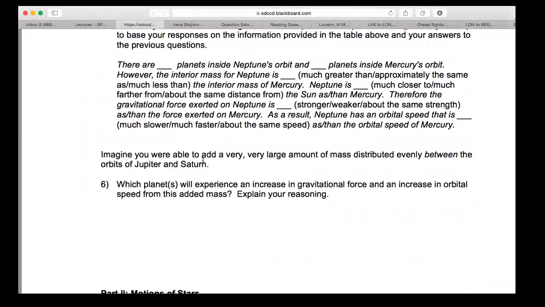So if you add the mass between Jupiter and Saturn, is that mass inside of Jupiter's orbit or inside of Saturn's orbit? Saturn's orbit. So then, based on what you just learned, it is only going to affect the speed of Saturn, right? Yes, because it is outside of Jupiter's orbit, so it does not really affect Jupiter. It says you're able to add a very, very large amount of mass distributed evenly between the orbits of Jupiter and Saturn. Which planets will experience an increase in gravitational force and an increase in orbital speed?